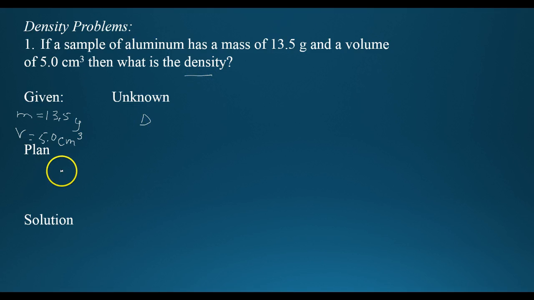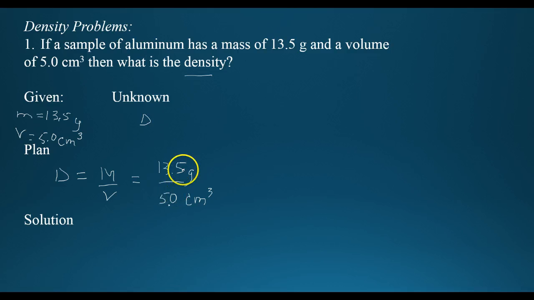So our plan, very simply, is the equation. Density is equal to mass over the volume. The solution, we're just putting in those numbers. So we have 13.5 grams over 5.0 centimeters cubed. Now when you have an equation set up like a fraction here, it's 13.5 divided by 5.0.